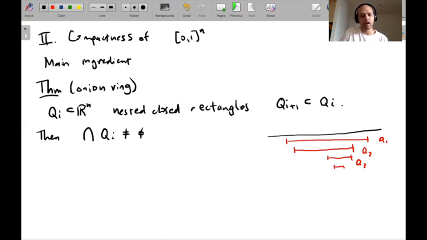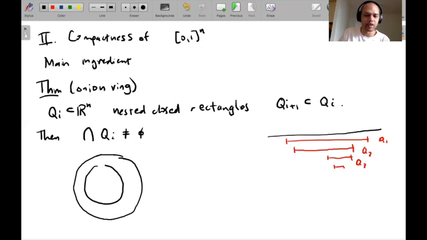And it's called the onion ring theorem because the two-dimensional version kind of looks like what you see when you slice open an onion. So maybe instead of rectangles, I'm going to draw two-dimensional balls. They're topologically equivalent. So if you have some nested sequence of balls, then they have to have some center.